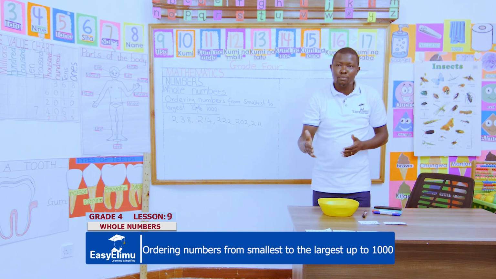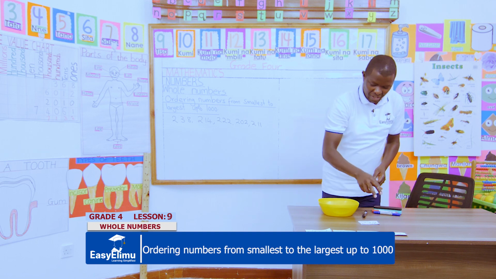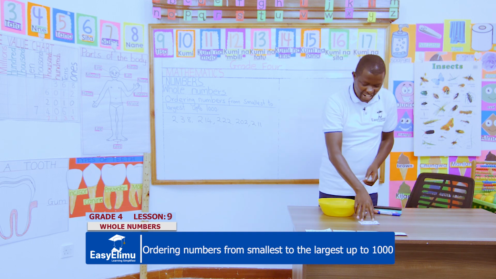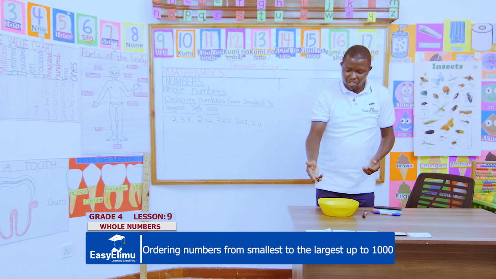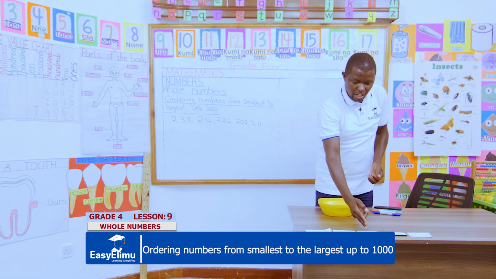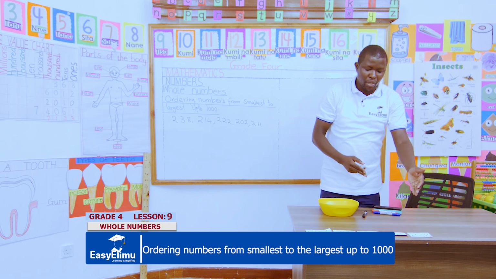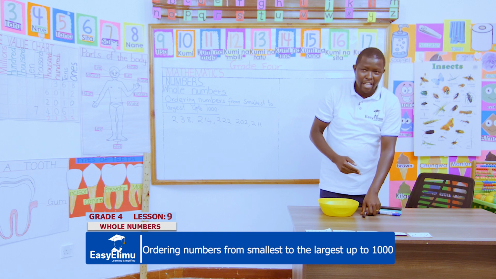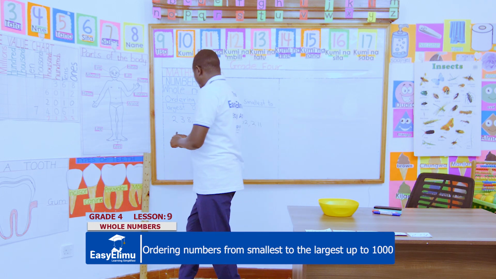Which one comes before the other? It is 222. And the last number is 238. Class, you can see from the smallest 202, 211, 214, they are increasing, 222, and the last one will be 238.